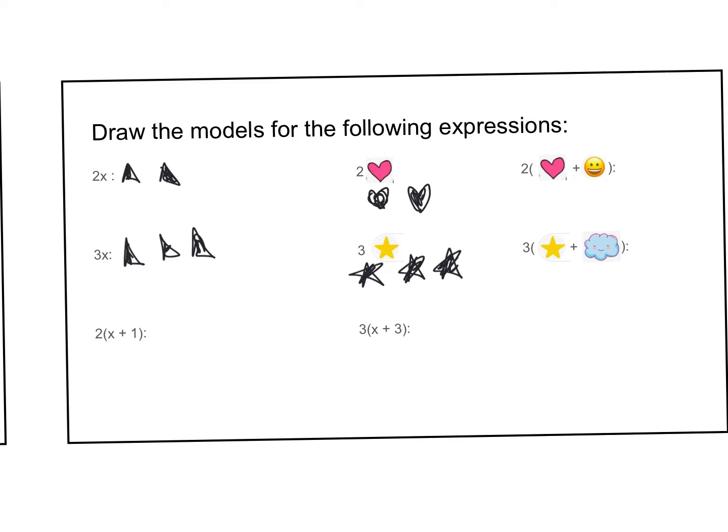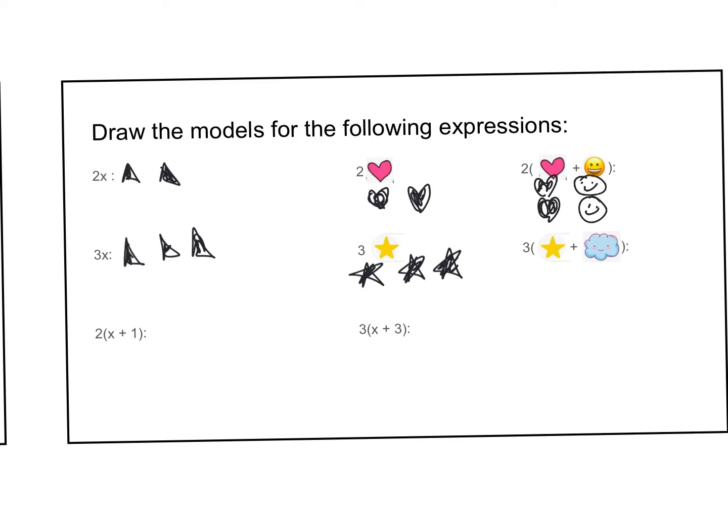But what this is really saying is we have 2 groups of heart plus smiley face. And one way we can represent that is by drawing out a heart with a smiley face, and that would be one group. And then our second group would just be another heart and a smiley face.